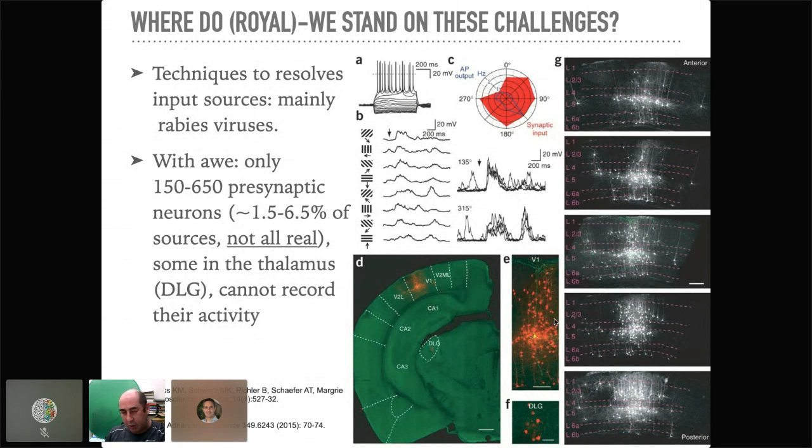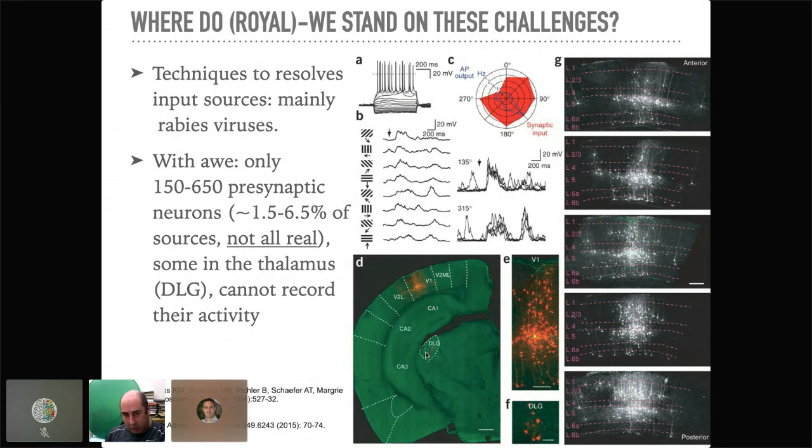But even then, after this really difficult experiment, when you patch a neuron and then you can see all the presynaptic neurons, you find out that, first of all, you can only trace about 150 to 650 neurons, which are about 6.5% of the input to this neuron. And you cannot actually record, certainly not the voltage from each one of them, and you don't know what synapses onto the neuron.